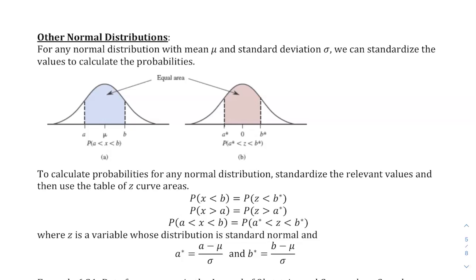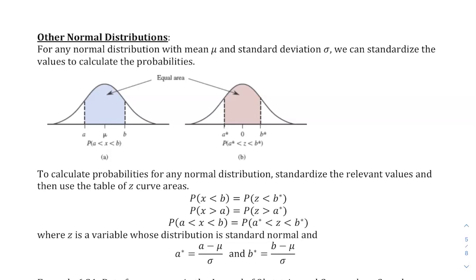But before things like StatCrunch were a thing, we needed to do what's called standardization. Basically, we're going to find what's essentially a z-score for our interval. So look on the left. If we're trying to find the probability that any x value is between a and b, where you have a normal distribution centered around some mean mu, we can get an equal area by standardizing it to have a mean of 0 and a standard deviation of 1, and you get these new a star and b star values.